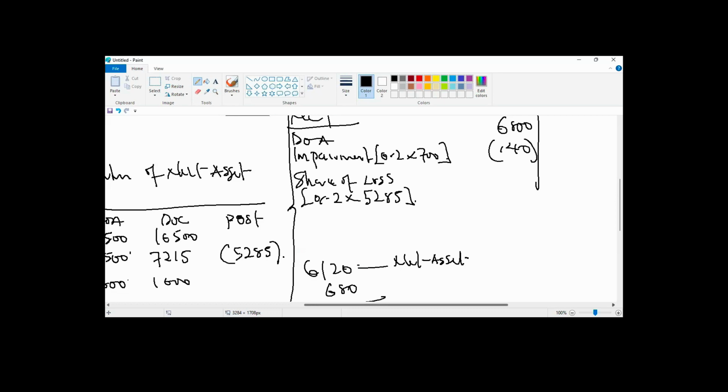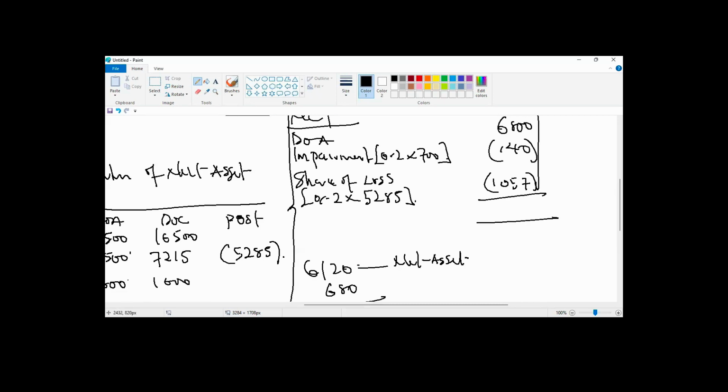8285. Share of loss. What is it? 5,000. That is the end.